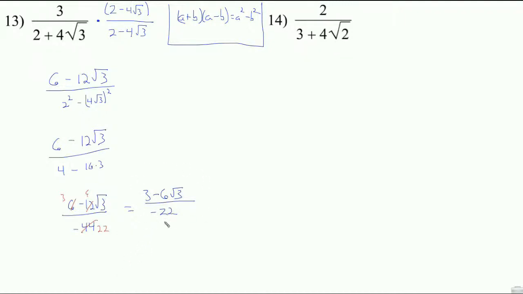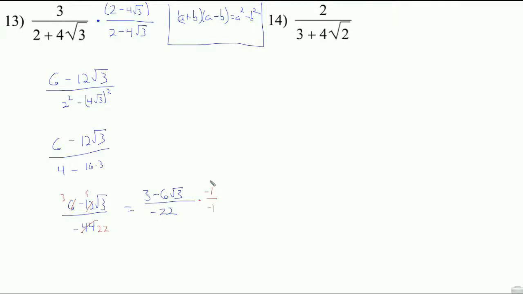I am completely fine with this answer, just to let you know, so you're not taken by surprise if you ever see it. Some books or texts don't want a negative in the denominator, so what they'll do is multiply by a form of 1 again. They'll just multiply by negative 1 over negative 1, which changes all the signs.